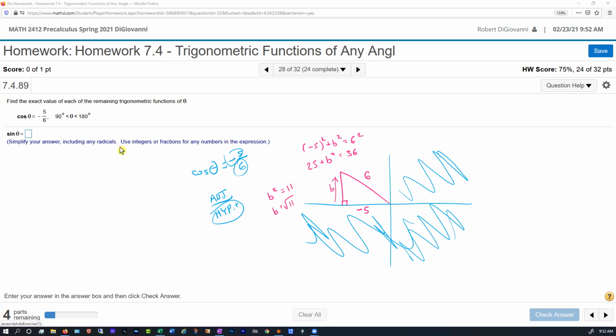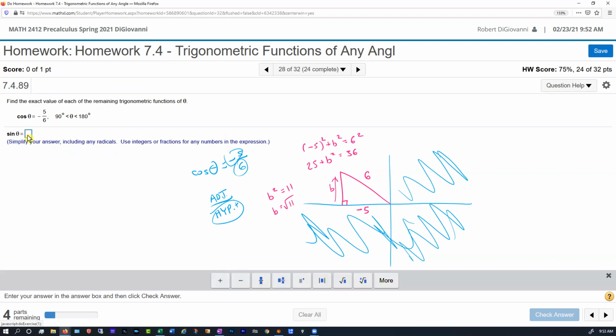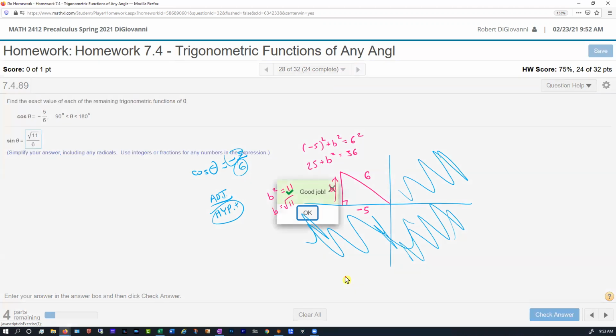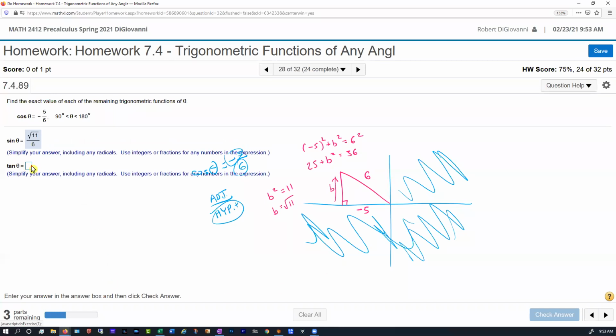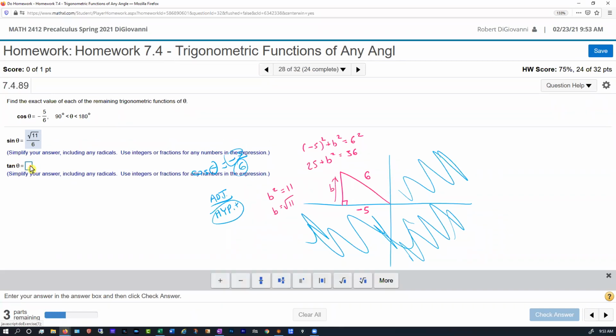It's either plus or minus, but because we're going up here, that'll be a positive number. So now let's fill everything in. Sine is the opposite, which is √11. We just found that that's the opposite. So √11 over 6. Tangent is the y, which is √11, over the x, which is -5. So √11 over -5.